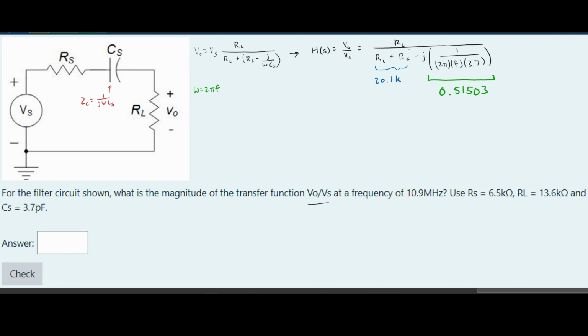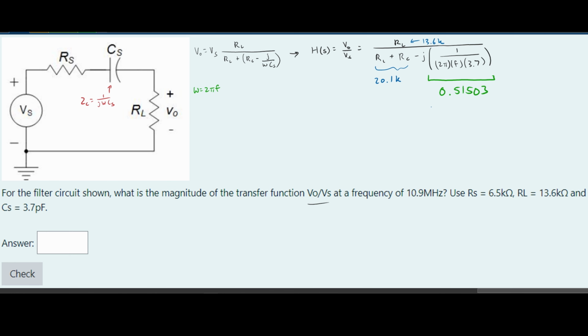Now our RL, we know, is 13.6 kilo ohms. We can see that we have kilo and kilo here. If we wanted to, we could make this kilo also. So we're going to multiply it by 1 kilo over 10 cubed, because a kilo is 10 cubed.